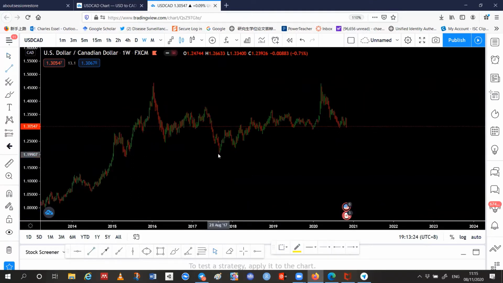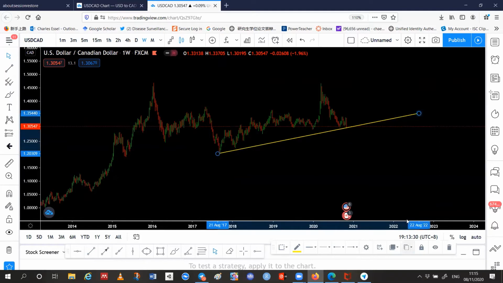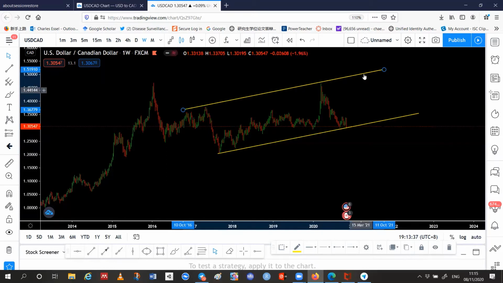So let me clone my line, then I pick it up again. Basically this is what it means, that anytime the market came to this trend, it moved up again.